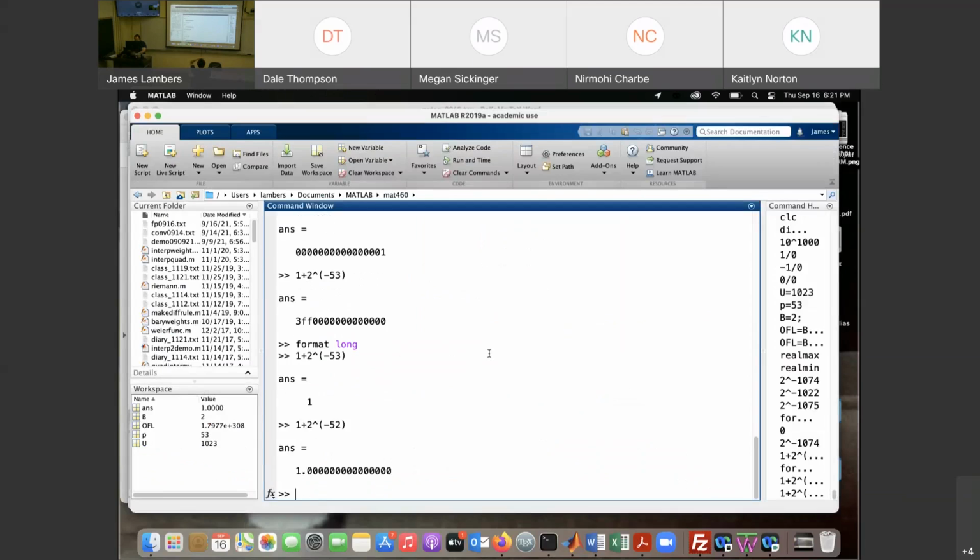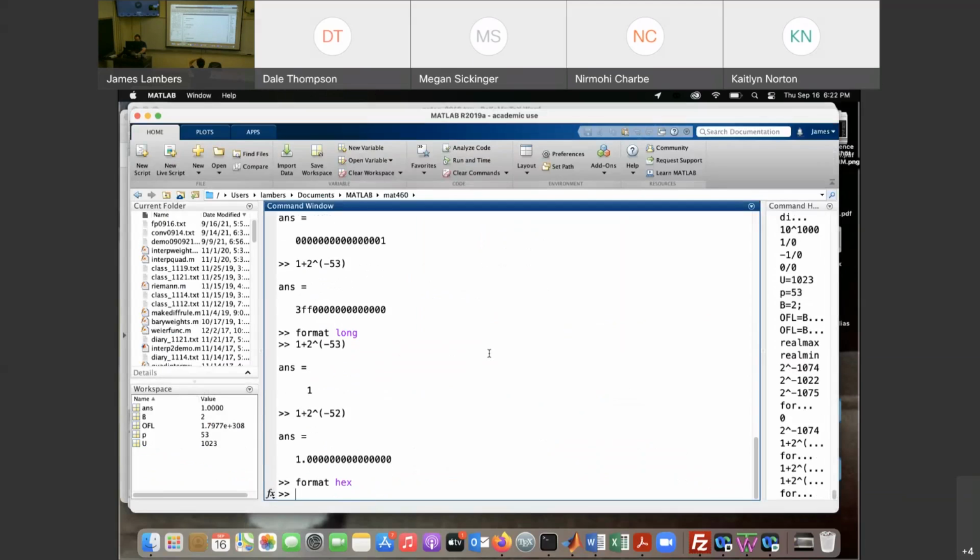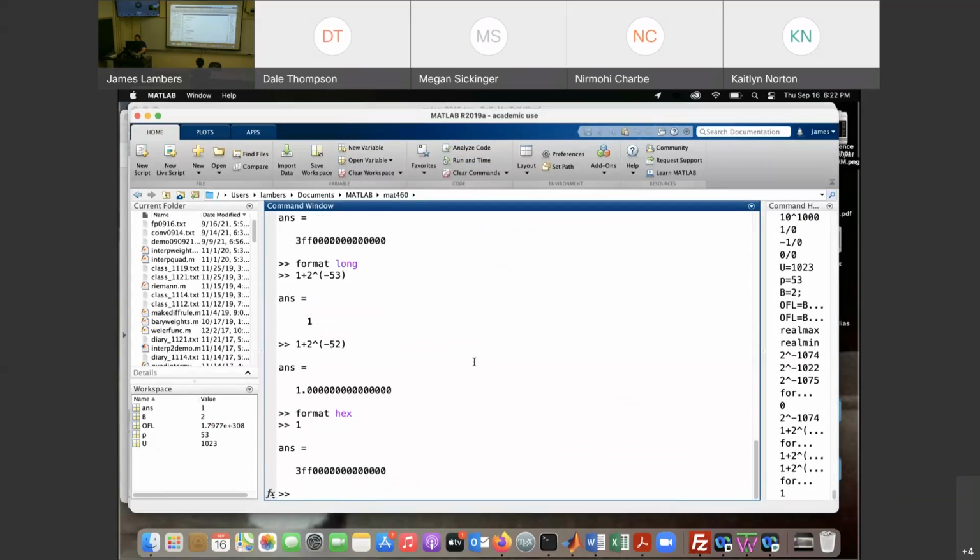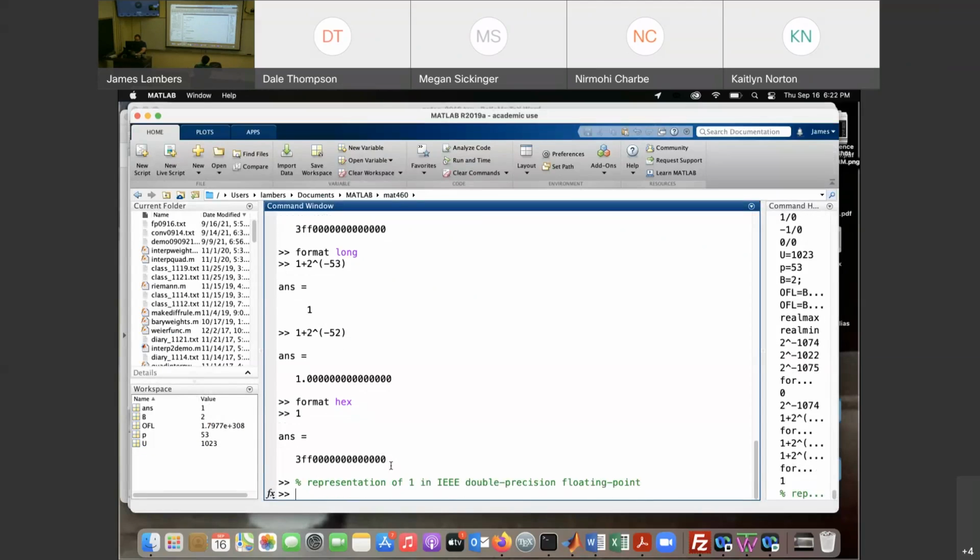Now if I look at format hex again, 1 has this representation. Now this is difficult to decipher, so I'm going to break it down for you. These are hexadecimal digits. I'm going to write it out in binary.